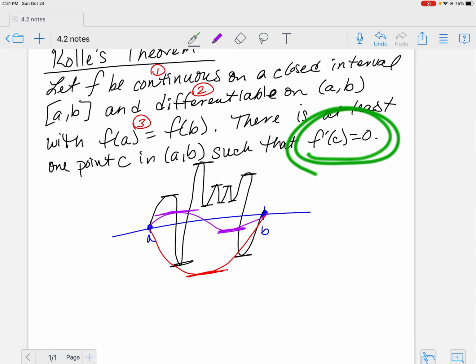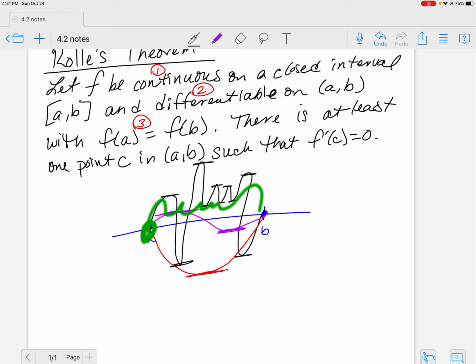And that's also when I don't have a derivative equal to 0. Right. And the first value has to be equal to the last value so that I know that it's on the same playing field. So somehow I have to start here, something happens, and I have to end here. So whatever happens, I know I have to go up and then back to it, down and then back to it, whatever. But I will have that derivative equal to 0 for that critical value.